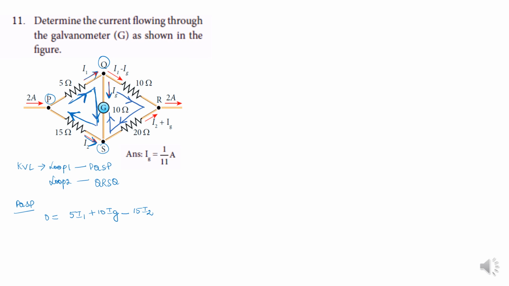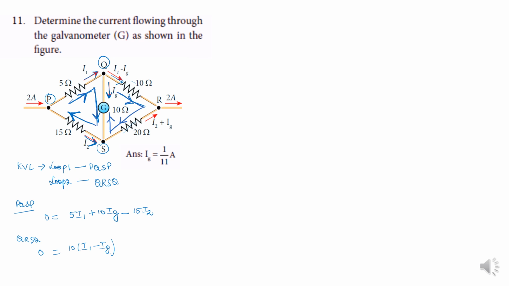And for loop Q, R, S, Q, again in this mesh there is no EMF source, so the left side is 0 and I go in this direction. This is the trace direction and the current flow direction is also the same. So 10 into the current flowing through 10 ohms, which is I1 minus Ig.